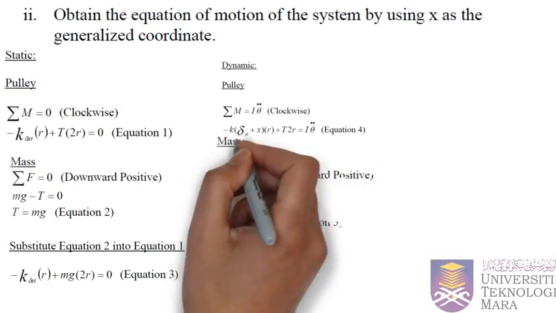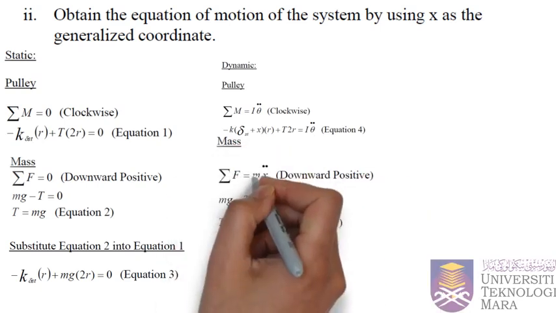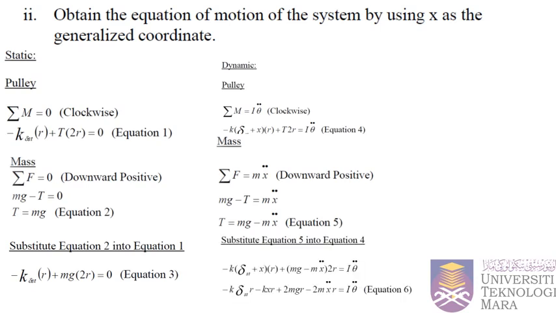write the pulley equation and also the mass equation. With the mass in downward positive, that will provide equation number 5, and then substitute equation number 5 into equation number 4, that will produce equation number 6.